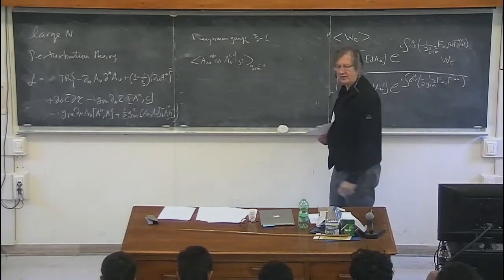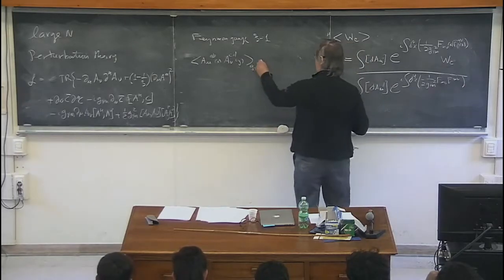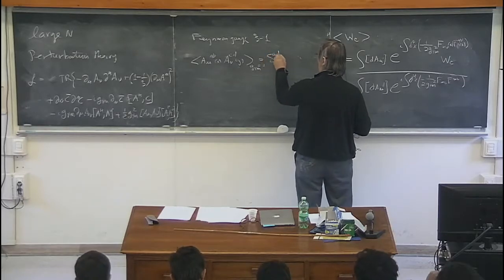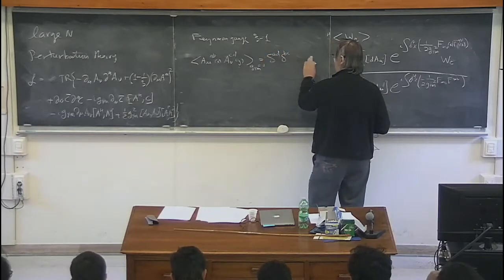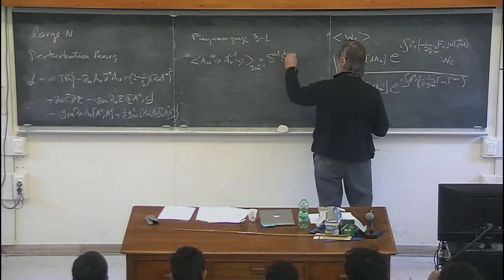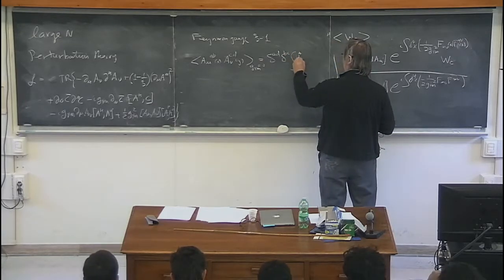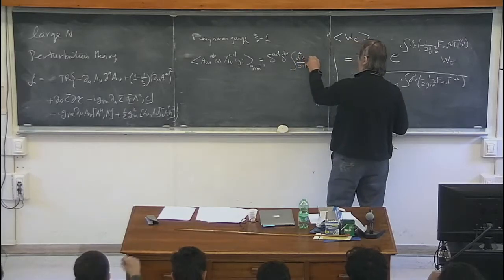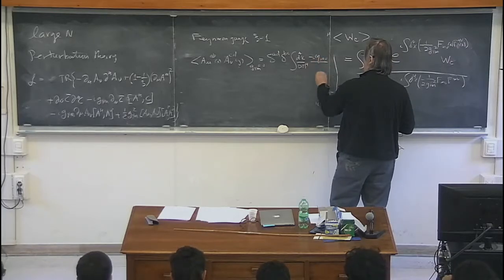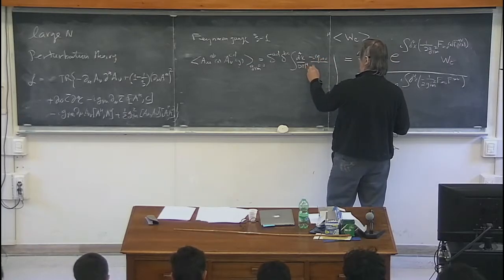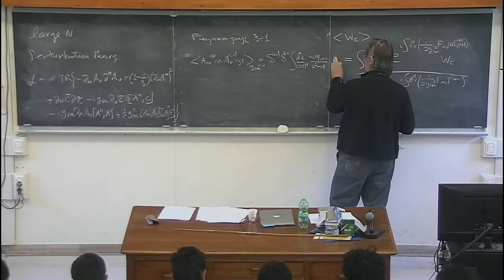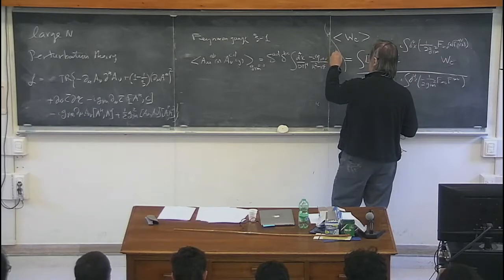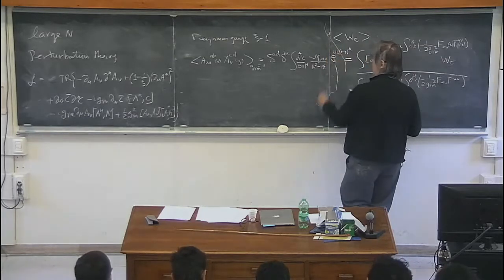The free field two-point function looks like this, and then it's basically times what would be the two-point function for a photon field if you were doing electrodynamics. And of course in here should be the e to the i k mu x minus y mu.